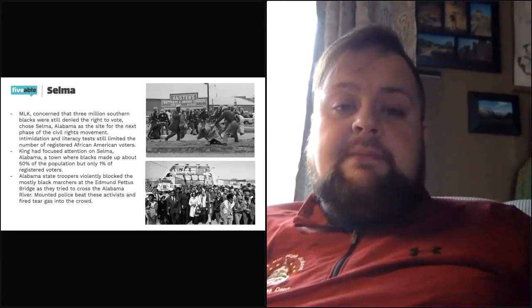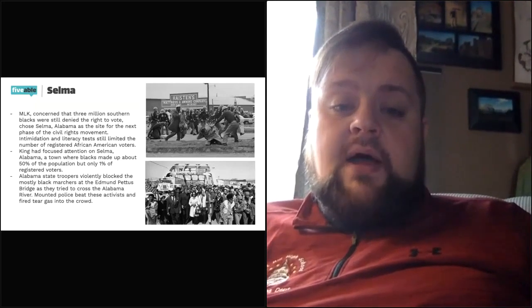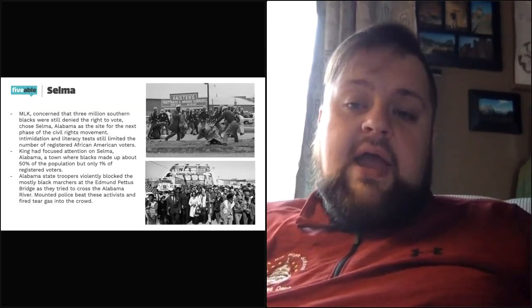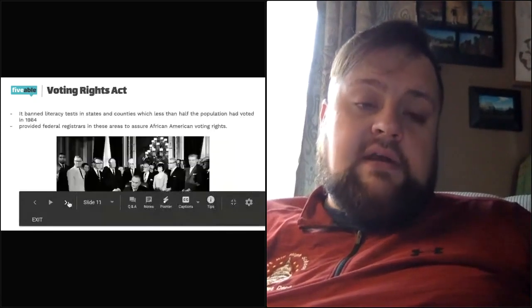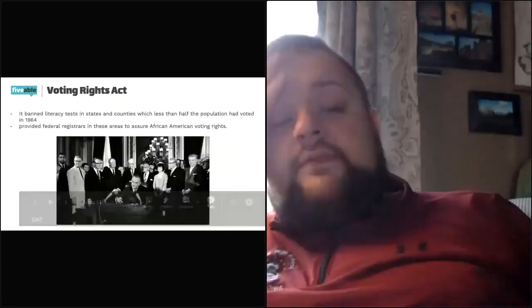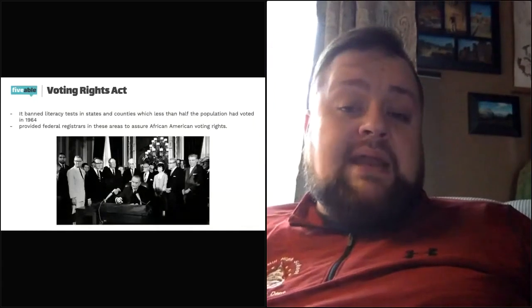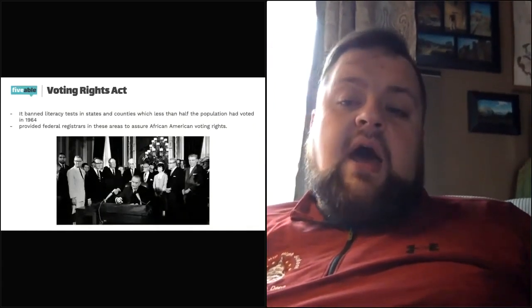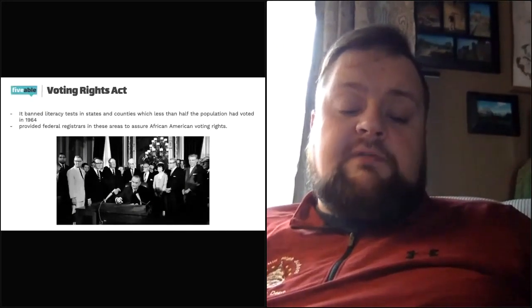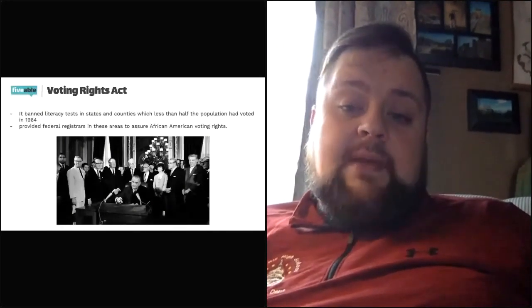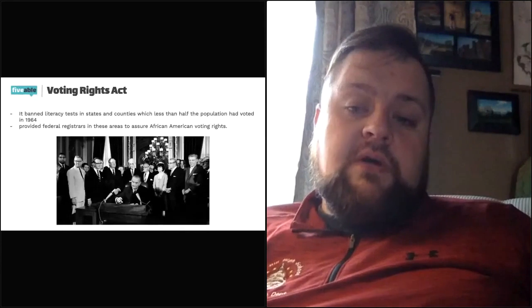And because so many people saw the horrific events in Selma, they pressed the government. And LBJ then introduced the Voting Rights Act of 1965. So what the Voting Rights Act did was it banned literacy tests in states and basically removed anything that was preventing people, especially black people, from being able to register to vote.